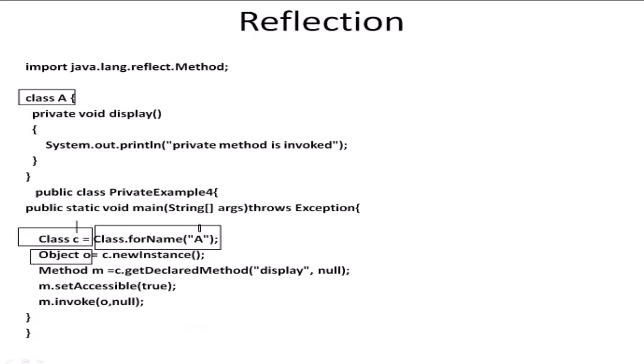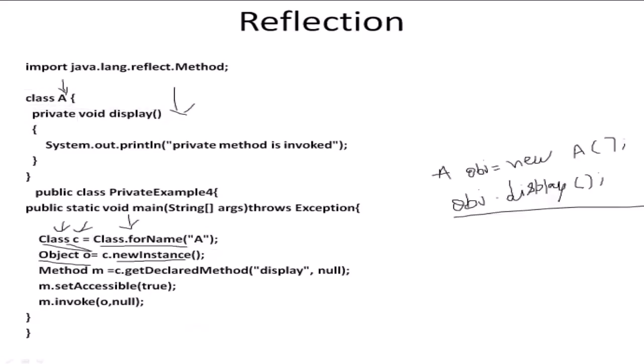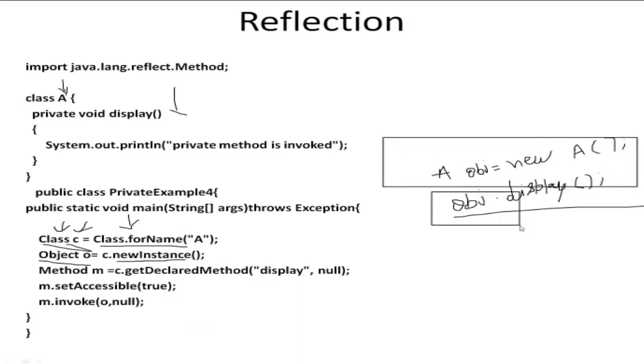So in the previous one, what have we done? We have created a class by using an object name. Class name is A, object equal to new A. Now by using object.display, we are going to invoke.